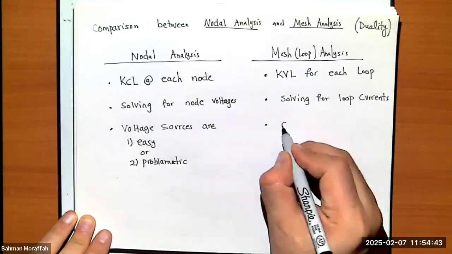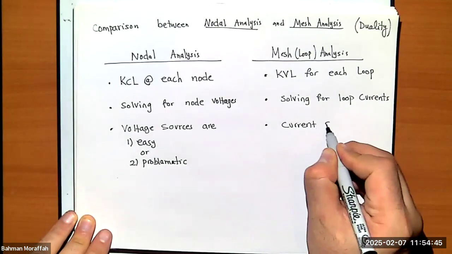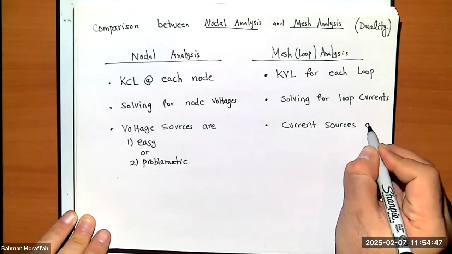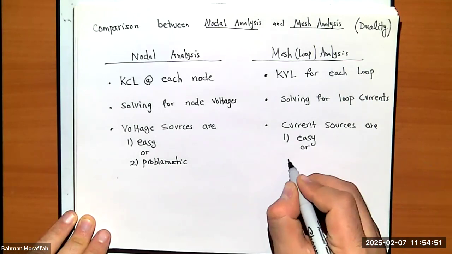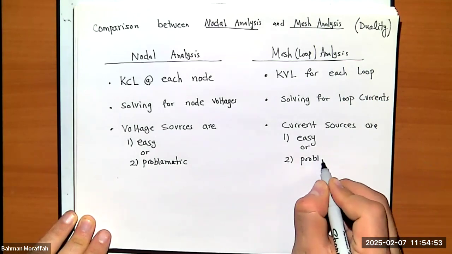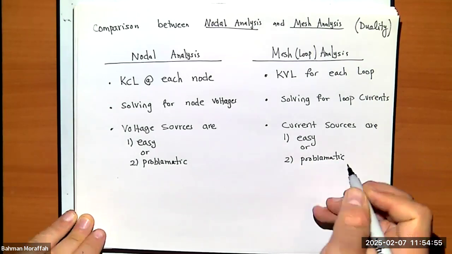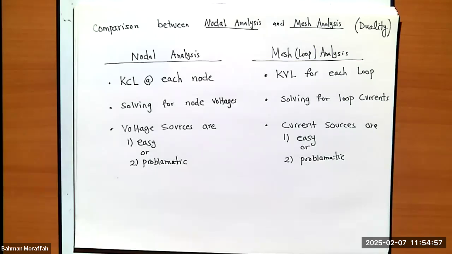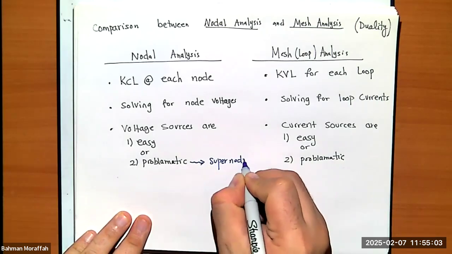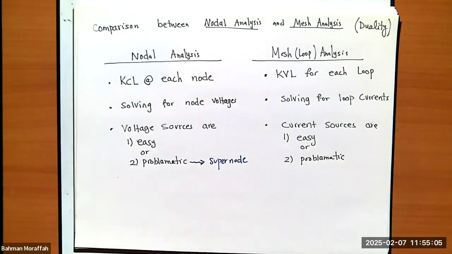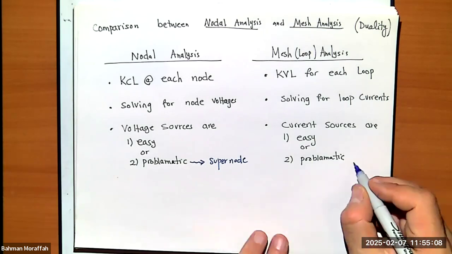Over here, current sources are either easy or problematic. Our solution for nodal analysis was the supernode. Our solution for mesh analysis is the superloop.